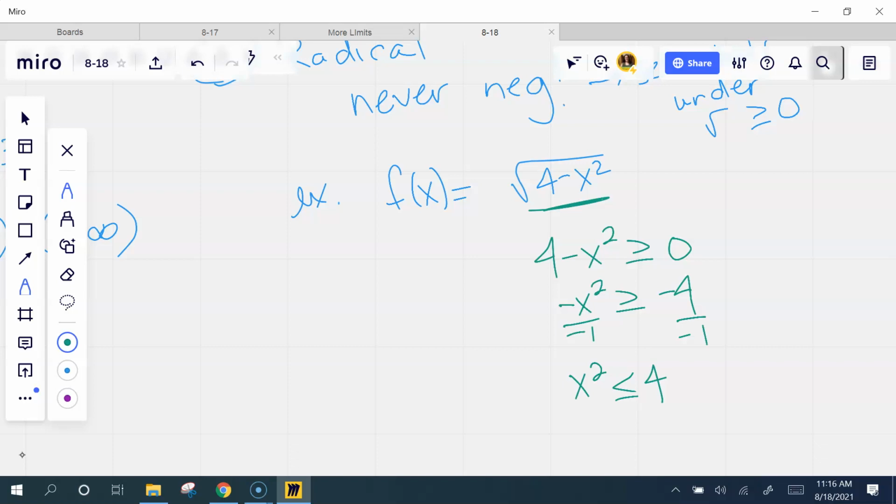Now what? But let's think about this for just a second. I've got a plus or a minus, right? If I've got to stay smaller, here's negative 2 and here's 2. Let's plug some values in and see what happens.